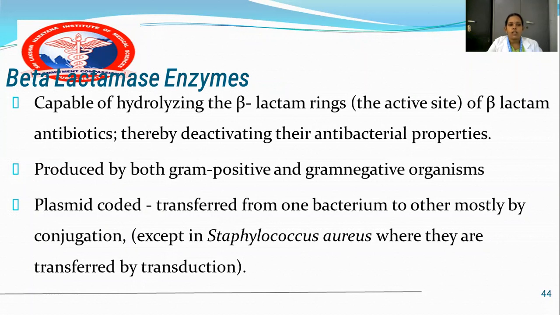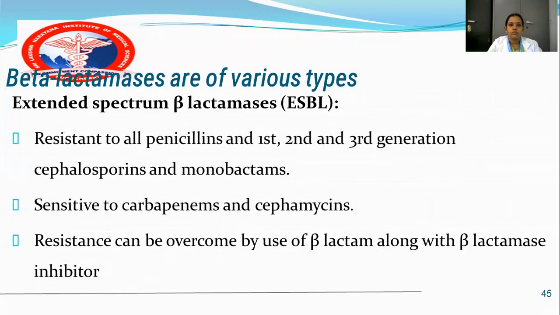Beta-lactamase enzymes are capable of hydrolyzing the beta-lactam ring of beta-lactam antibiotics and deactivating their antibacterial properties. They are produced by both gram-positive and gram-negative organisms. They are plasmid coded, transferred from one bacterium to another mostly by conjugation, except in Staphylococcus aureus, where they are transferred by transduction.